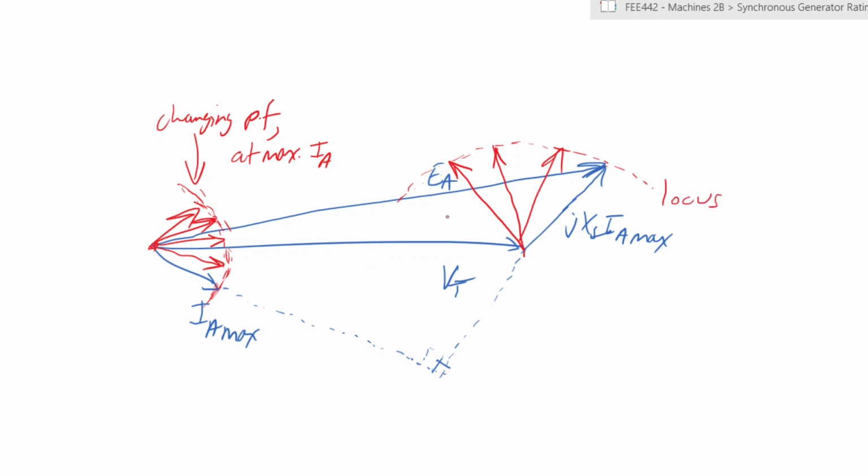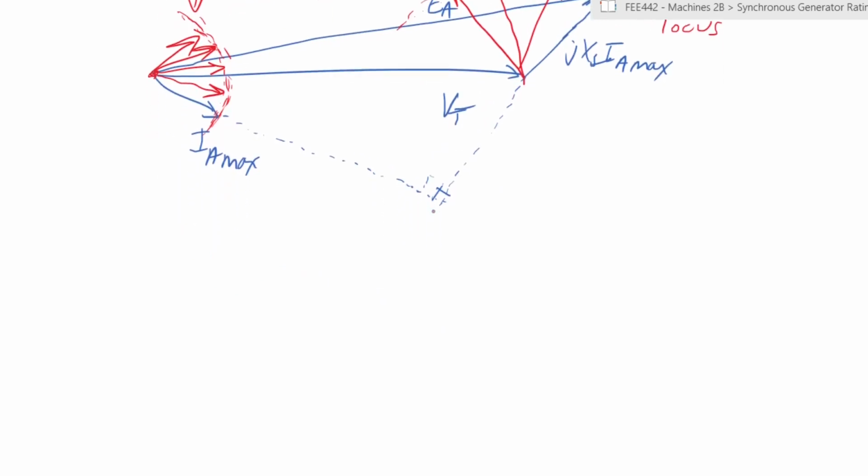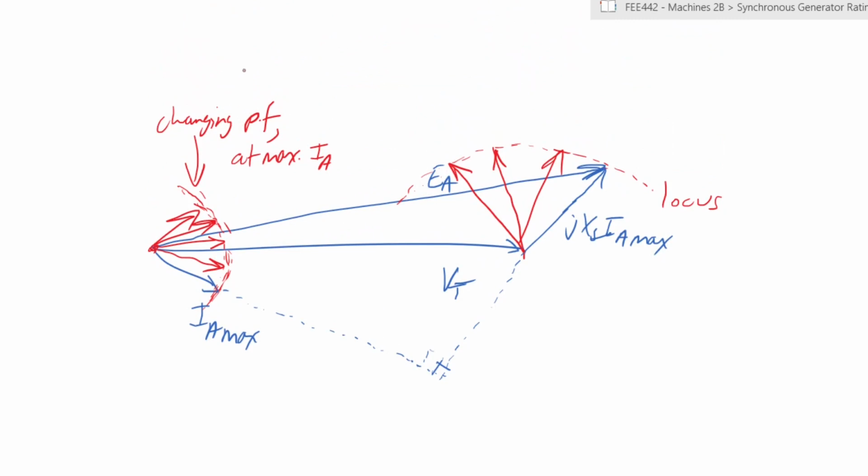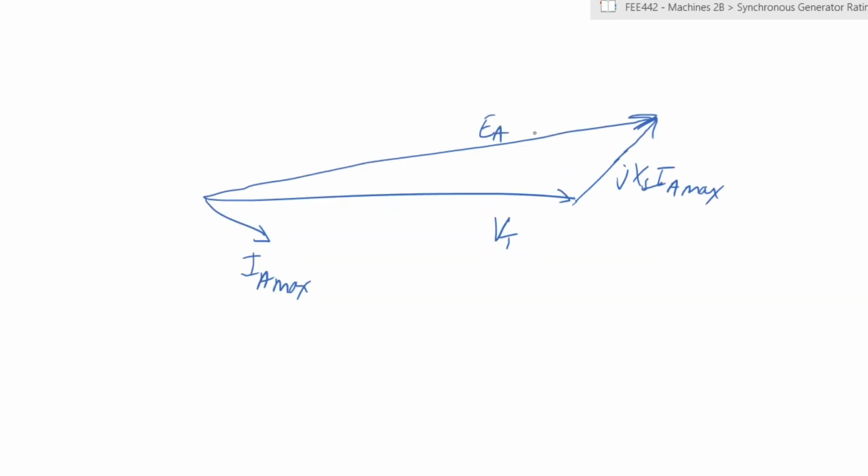A second limitation would be, let's redraw it slightly. So this is the limit of power factor. The second limitation that we would have is if we had EA at maximum, the maximum internal generated voltage. Remember that the maximum generated voltage is dependent on the value of field current.